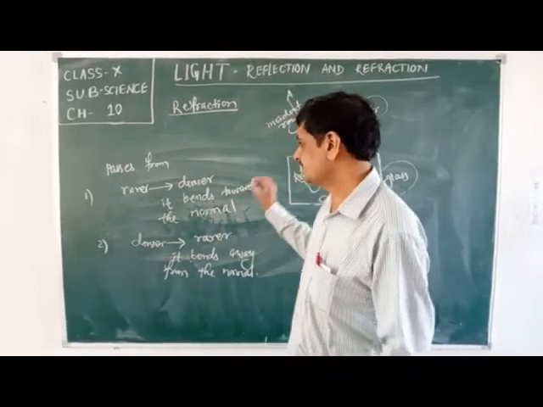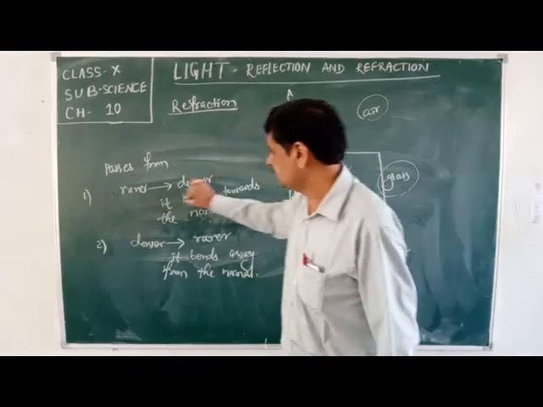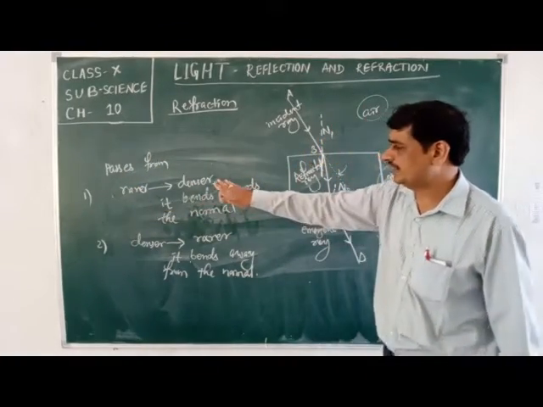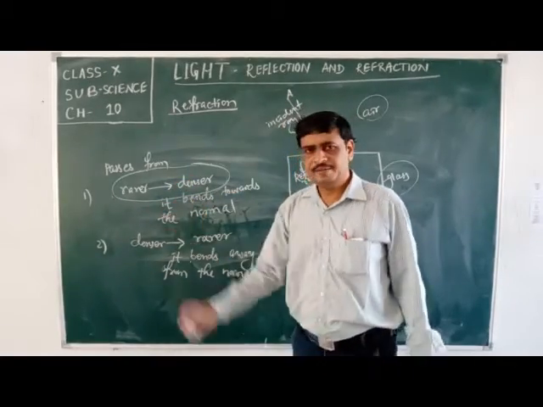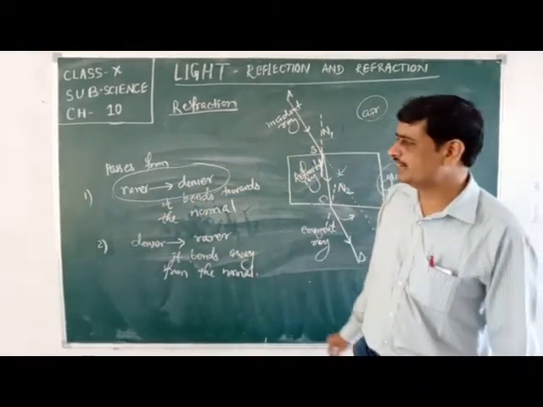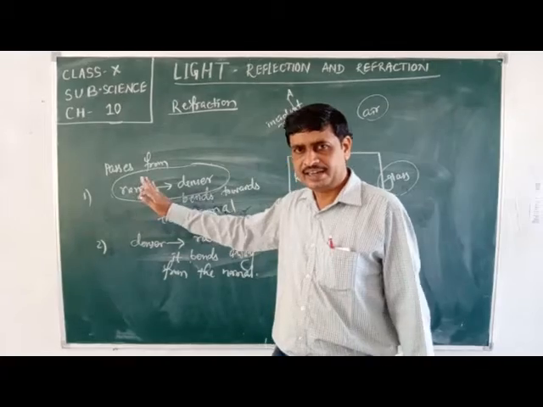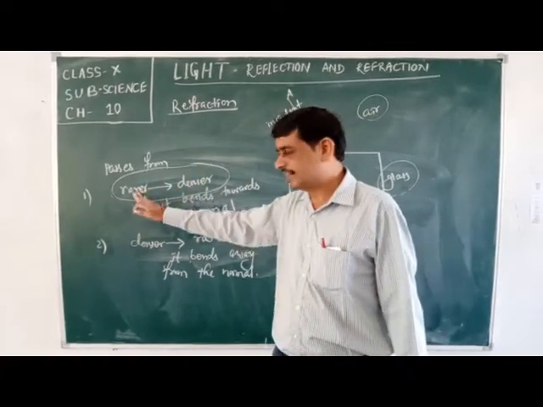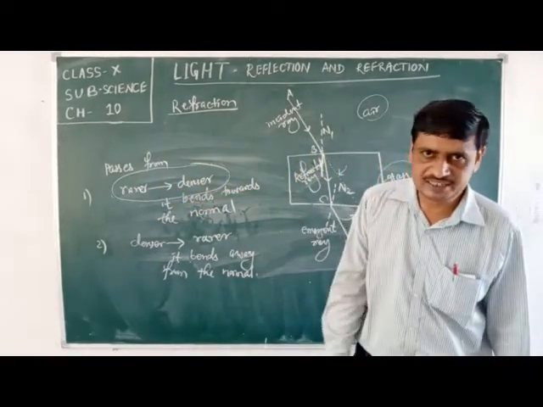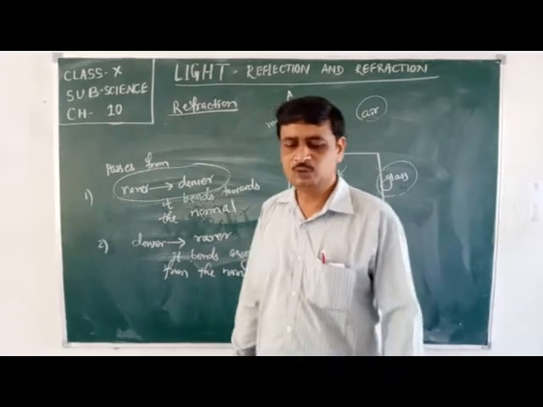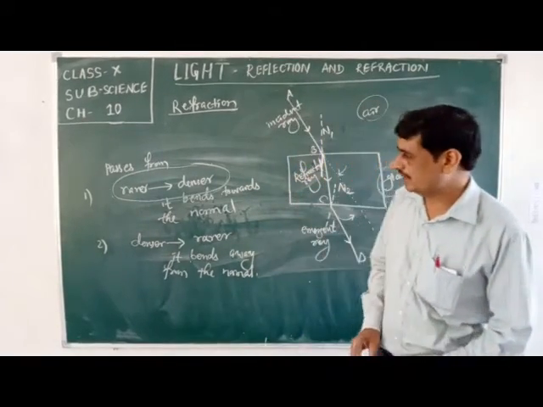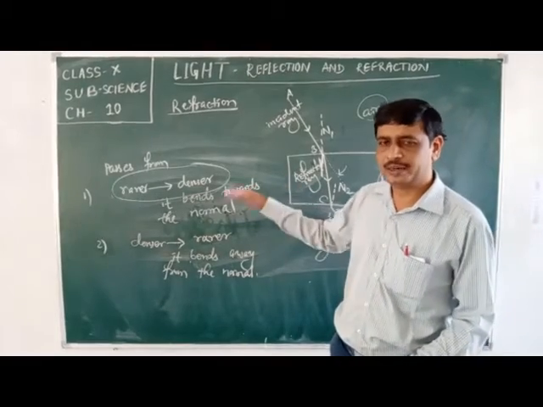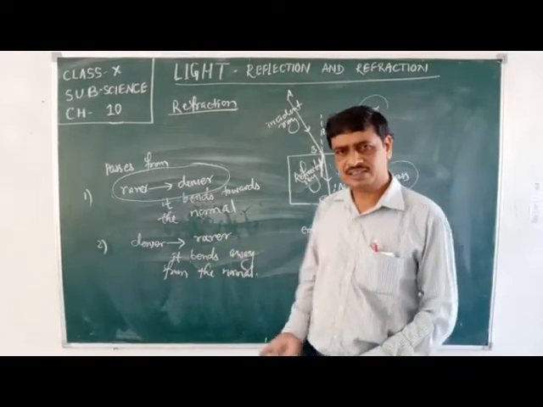So why does it happen? Why does the ray of light bend towards the normal when it passes from rarer to denser? Because when a ray of light suddenly comes to a denser medium, then the speed of light will decrease. By this decreasing of speed of light, it comes towards the normal. So it bends towards the normal.